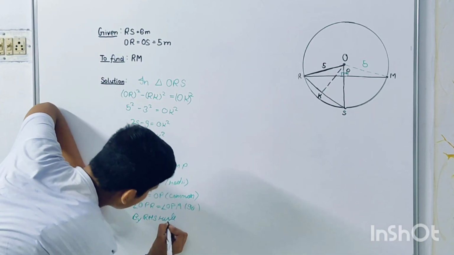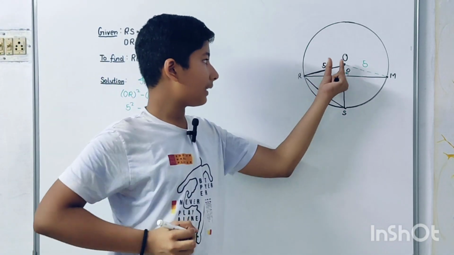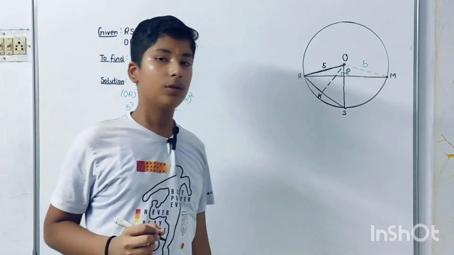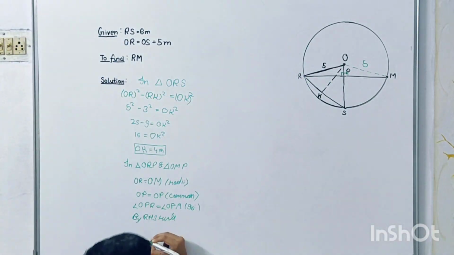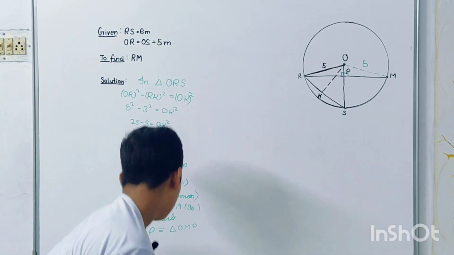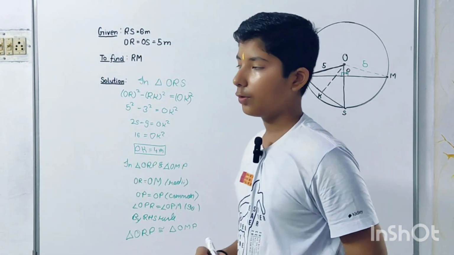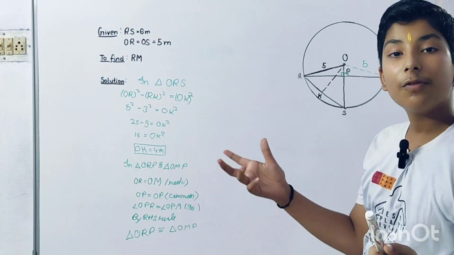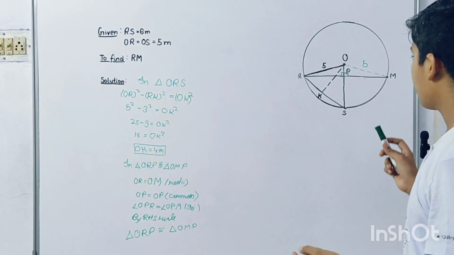what can we say by the RHS rule? We can say that triangle ORP is congruent to triangle OMP. So we have proved these two triangles congruent. Why have we done this?